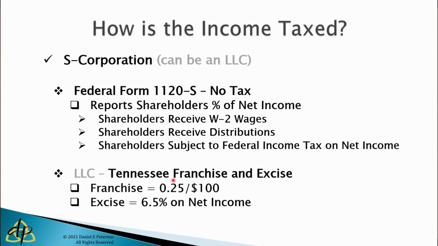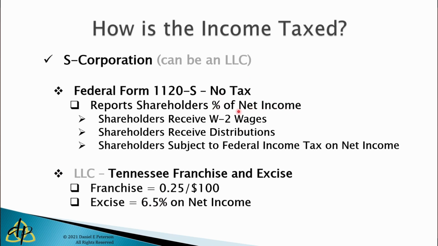The downside in Tennessee is if you're an LLC or a corporation operating as an S corporation, that entity is going to be subject to franchise tax and excise tax. The 6.5% excise tax will be on the net income of the S corporation.